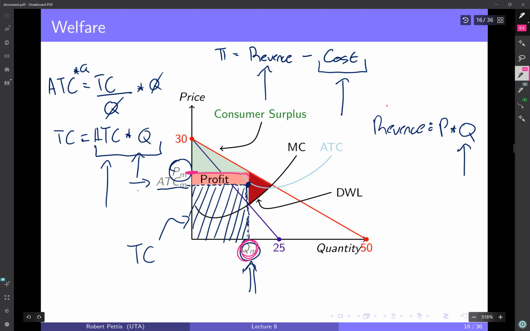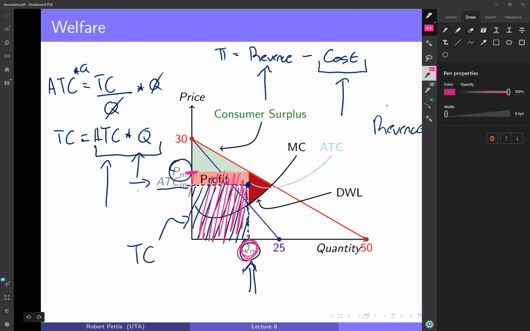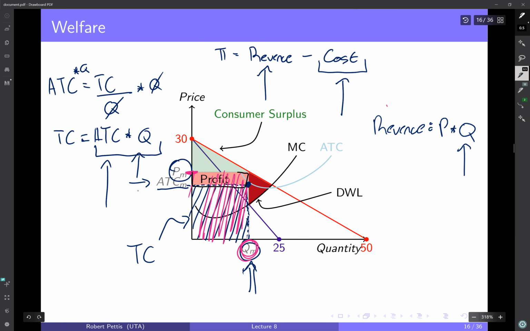Again, if we're doing length times width here to find this revenue, it turns out then that the difference between this revenue, this pink area, and the blue shaded area, this square here, is just going to be revenue minus cost.